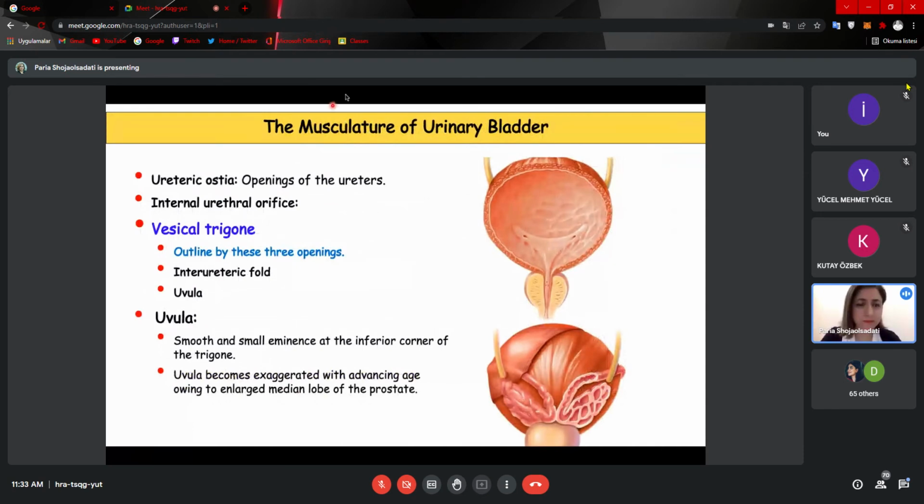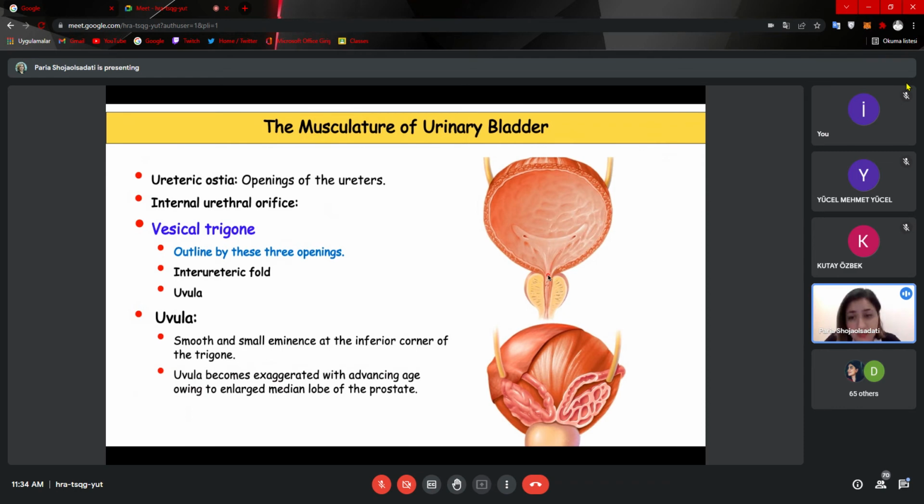You can see the different openings inside the mucosa of the urinary bladder. You can see the two ureteric ostia, or ureteric orifices, or ureteric openings, on both sides.